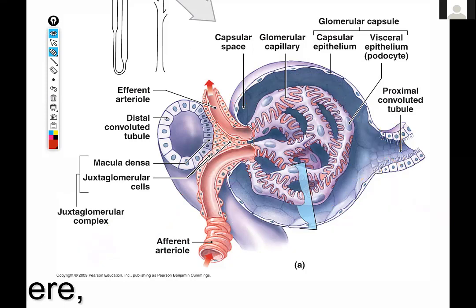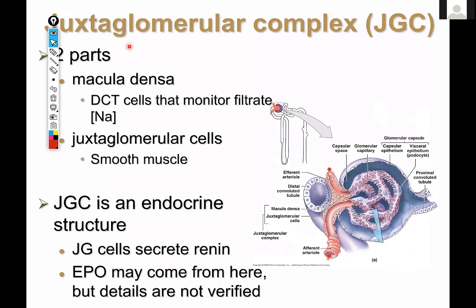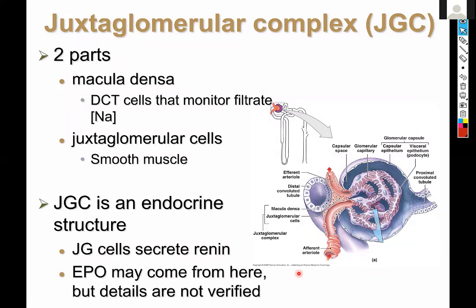Okay, so let's back out of my magnified section here and back to business as usual. Over here at the vascular pole, there is a renal tubule, and this is the distal convoluted tubule. So the filtrate that's in this tube has already passed through the nephron loop, so it's well on its way to becoming urine.